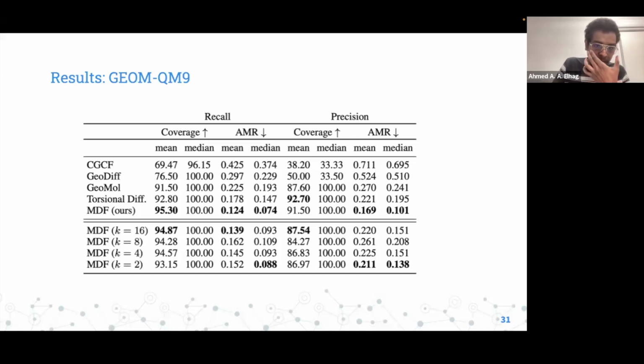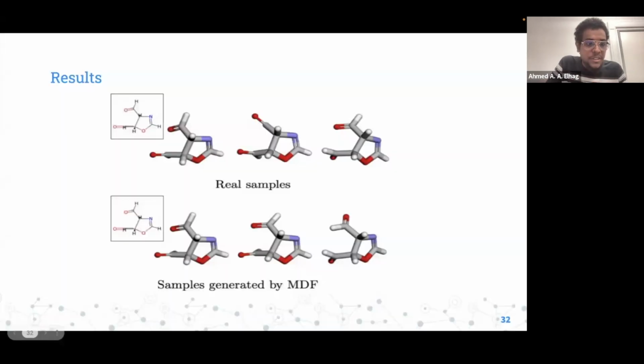And here is some performance compared to recent work on this. I think torsional diffusion was a previous state of the art. And here is a comparison between using different numbers of eigenfunctions. We can notice that just using two eigenvectors gives very good performance.